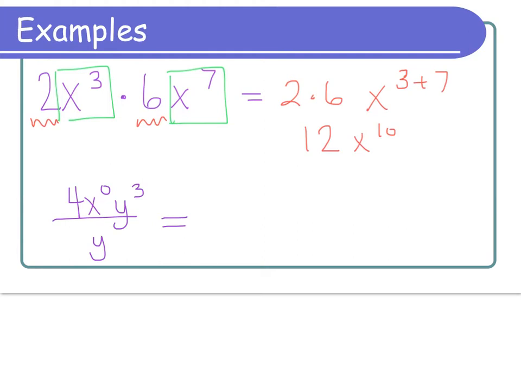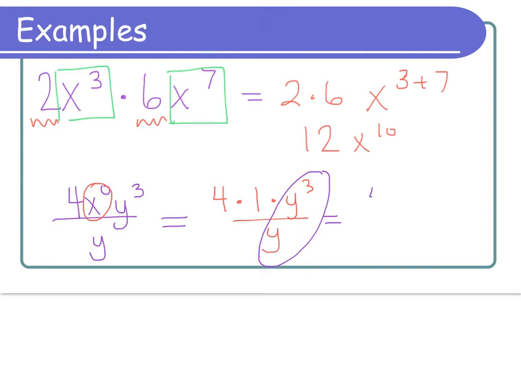Well, anything to the 0 power is equal to 1. So we have 4 times 1 times y to the third over y. And I should remember that the division rule tells me that I should subtract my exponents.